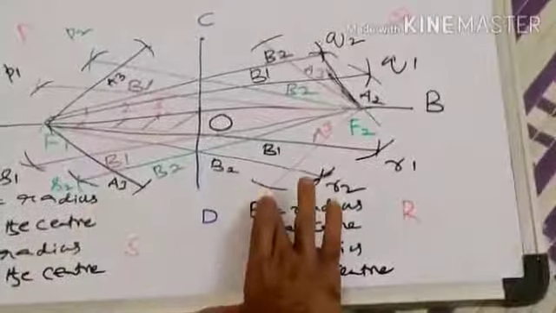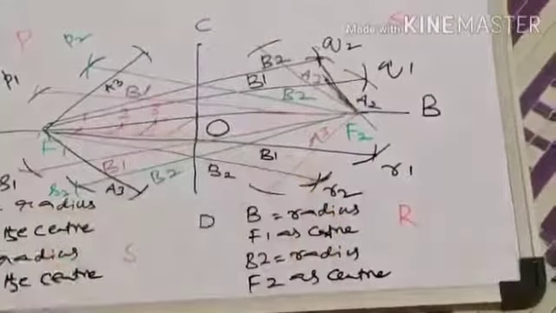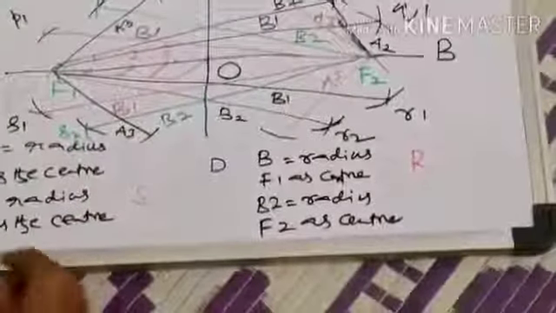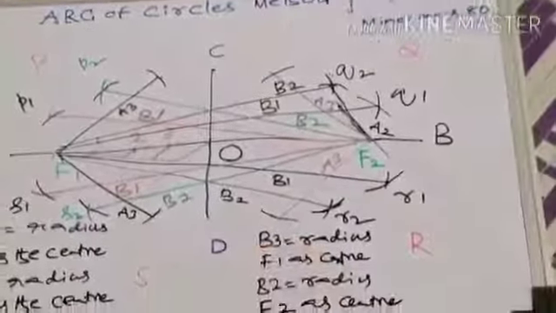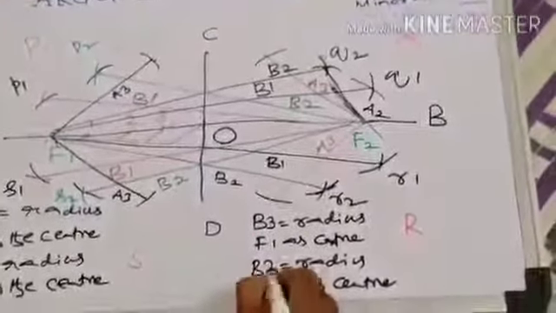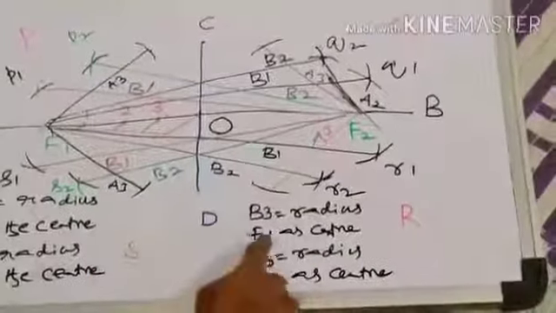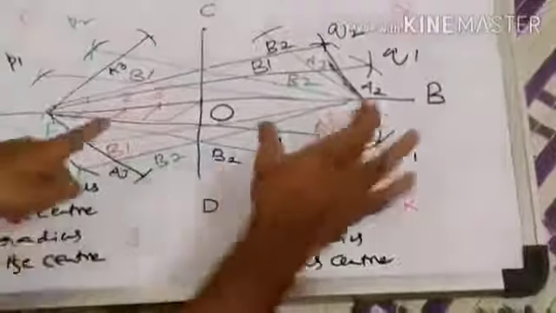After getting these concerned arcs, P portion, Q portion, R portion, S portion, now you have to consider B3 as its radius. F1 as a center, B3 is going to be its radius.